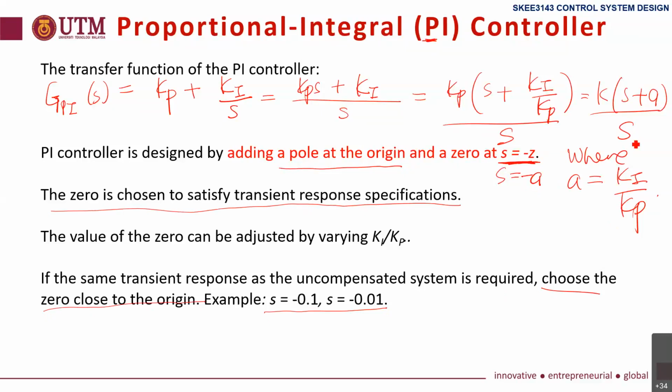As I mentioned, the zero is used to maintain the transient response. And the value can be adjusted by varying the value of A, KI over KP. So that is PI controller, S plus A over S.